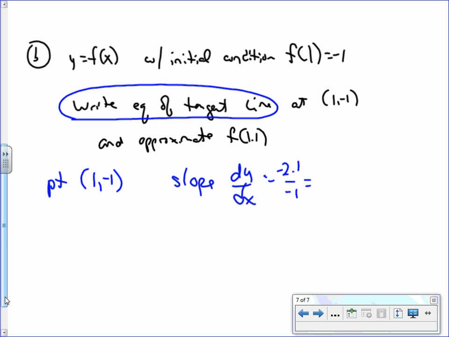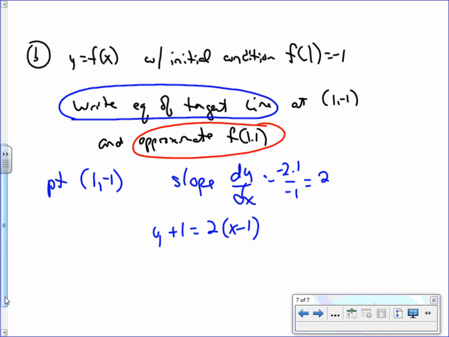And that slope is 2. So there you go, you got your equation written. It is not y equals, it is y plus 1 equals 2 times x minus 1. But now you have to use it to approximate. They probably gave you 1 point for this, and they said use it to approximate this.